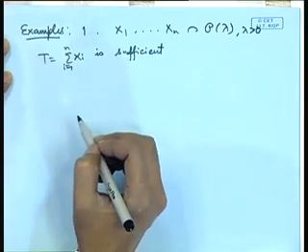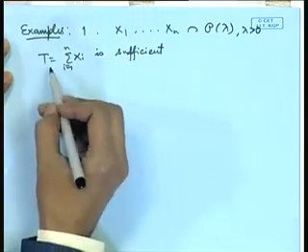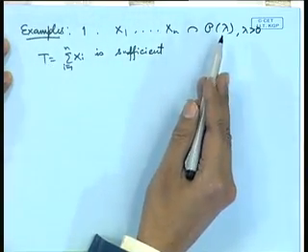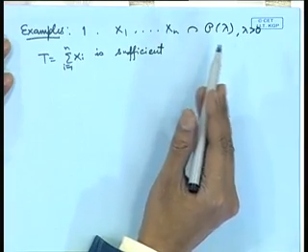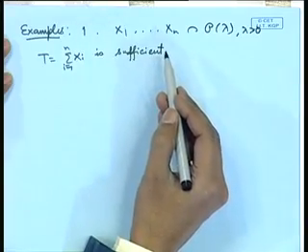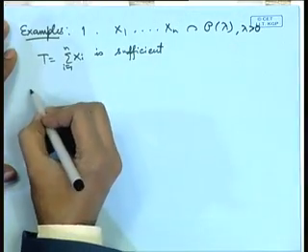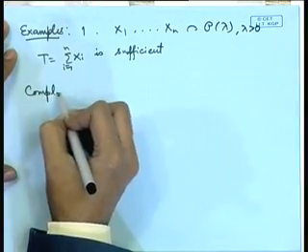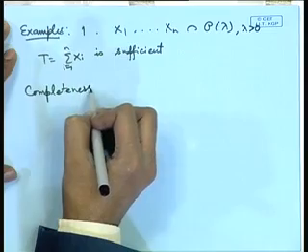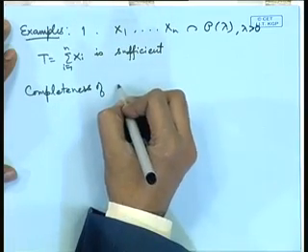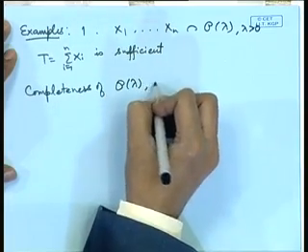What about completeness? The distribution of T is Poisson(n lambda). So, if we can prove that the family of Poisson distributions is complete, then T will also become a complete statistic. So, in place of Poisson(n lambda), we can prove the completeness of the Poisson(lambda) family.